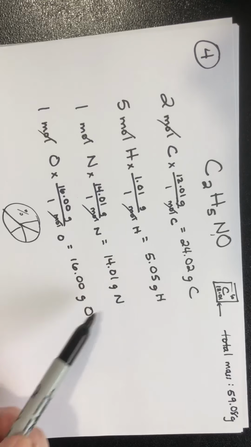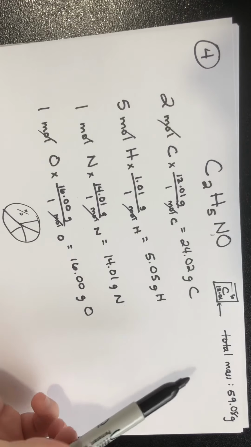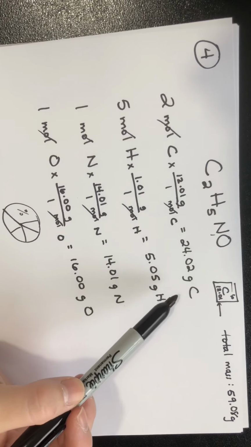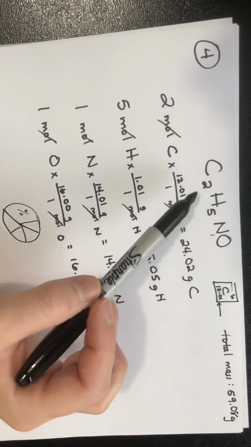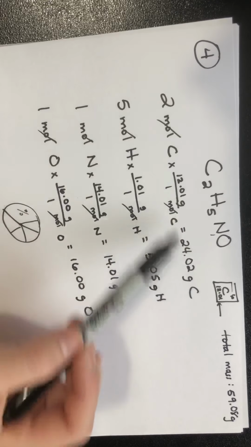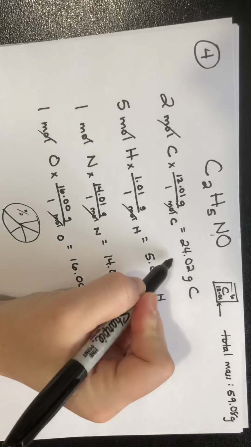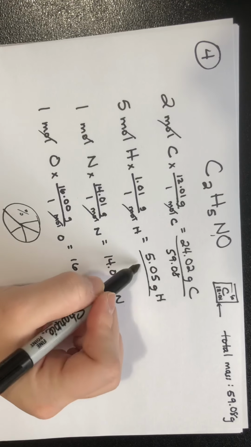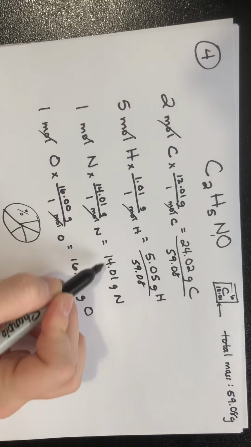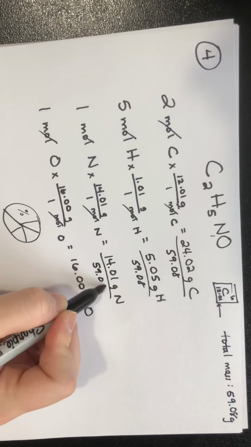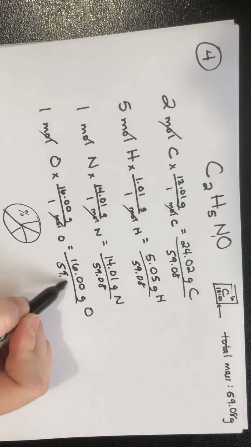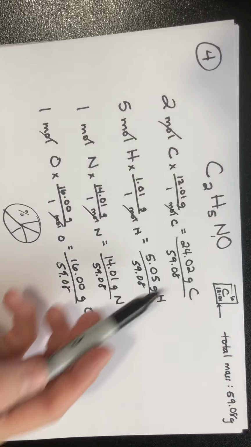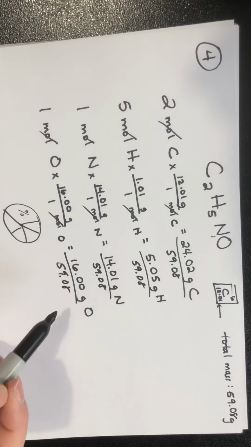So now that we have our whole, or our whole pizza, we need to figure out how much of each one of these parts goes into that whole. So, in other words, how much of carbon is going into this whole compound up here. So, we're going to have to divide each one of these by the total, 59.08.